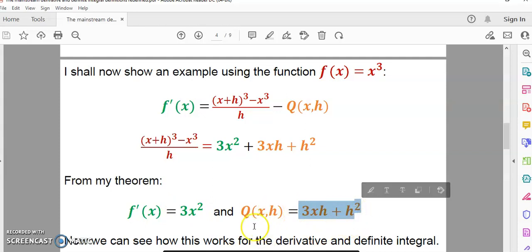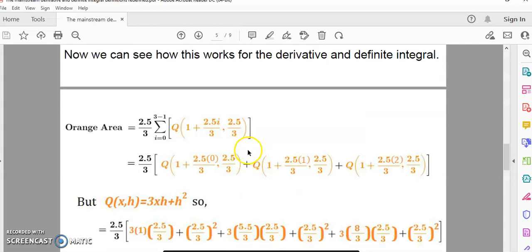Now notice you don't really need to know q of xh, because you can always find it if you know the secant line slope and the derivative, which you do because you get it from this expression here. So all you have to do is say secant line slope minus the derivative will give you the difference in the slopes originally. So let's see how this works for both of them.